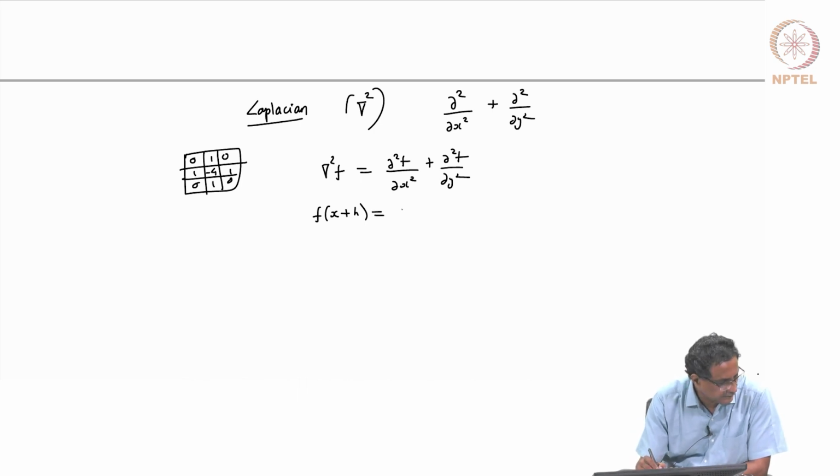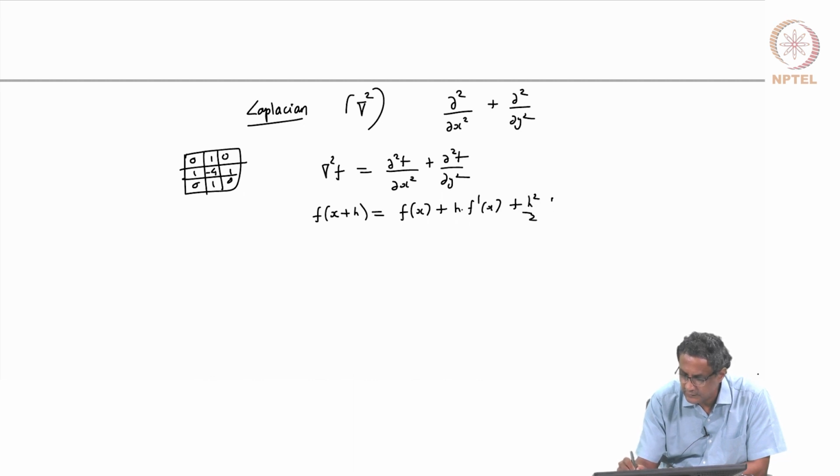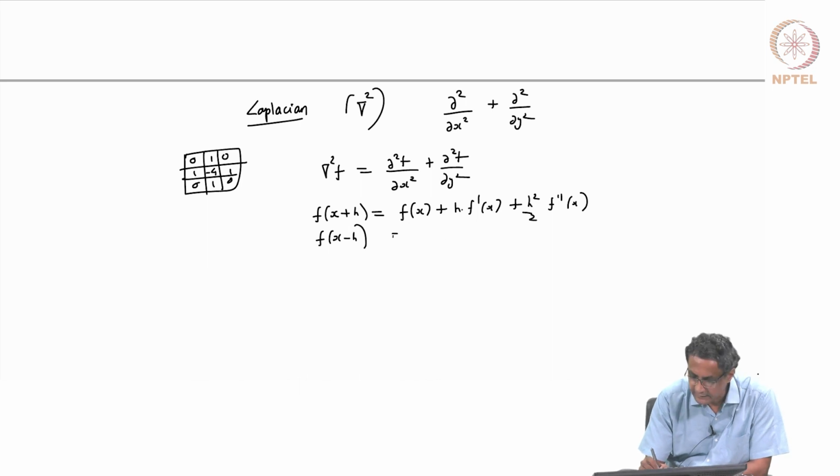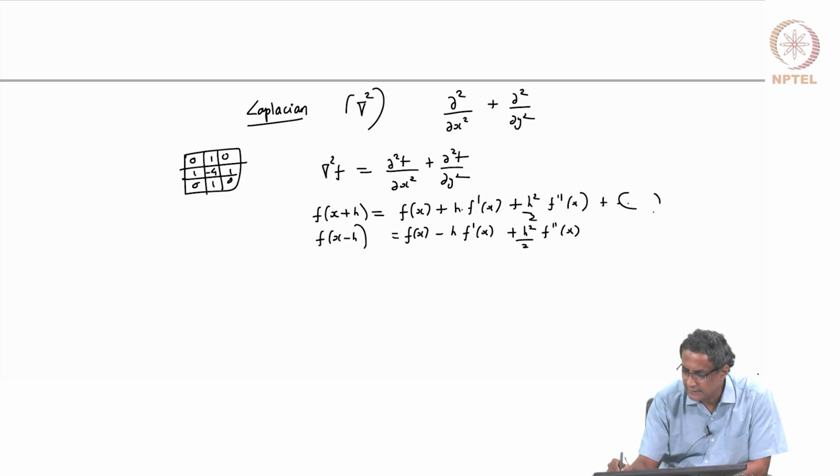We have f of x plus h into f dash of x plus h square by 2 into f double dash of x and so on. Then the other trick is to do f of x minus h, and there you have f of x minus h into f dash of x plus h square by 2 into f double dash of x and so on, and then we'll neglect these higher order terms.